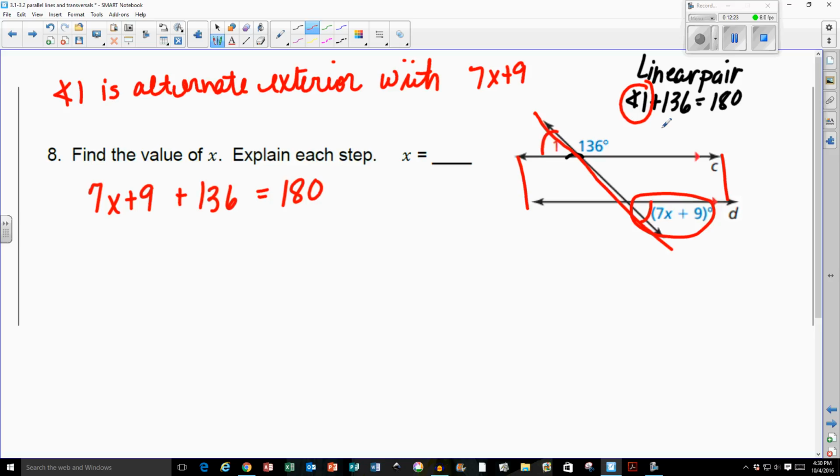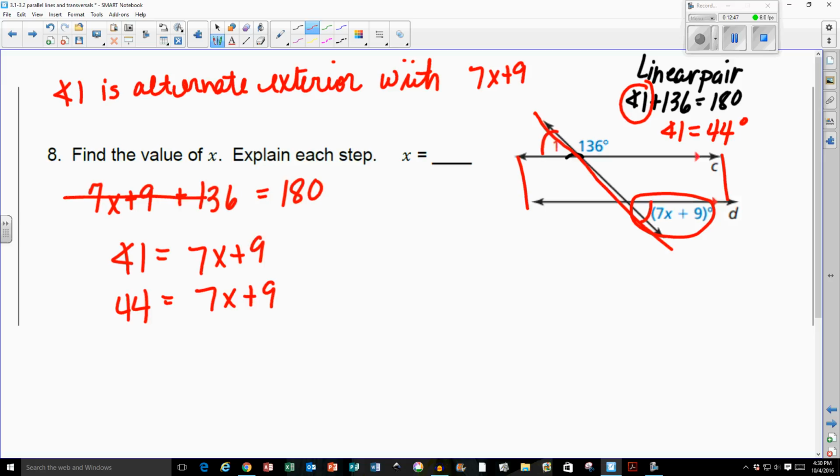If I subtract 136 from both sides, I get that angle 1 is 44 degrees. Since angle 1 is equal to 7x plus 9, I can say 44 equals 7x plus 9. So instead of doing it this long way, I can do it that way. But this is still a way that works.